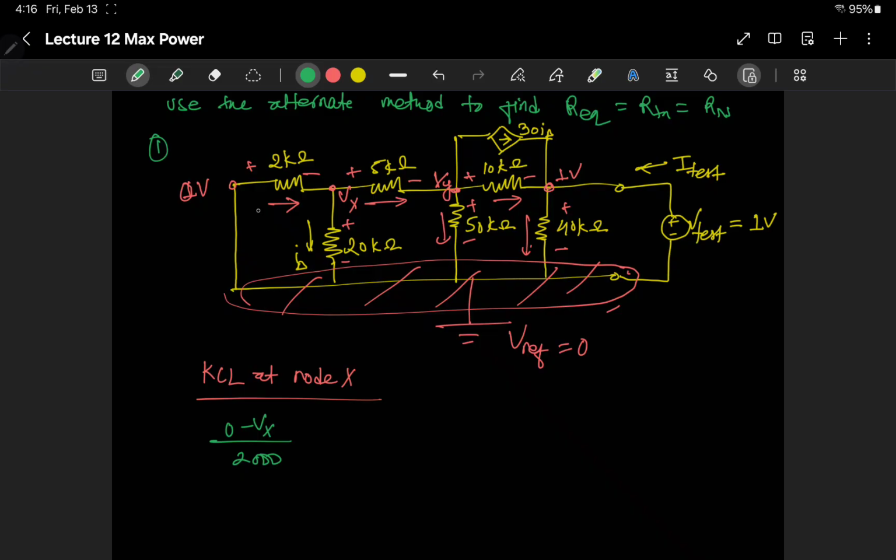That is the current entering, and leaving are these two, right? It is equal to Vx minus 0 divided by 20,000 plus Vx minus Vy, this difference, divided by 5,000. Okay, so we have one equation, right?